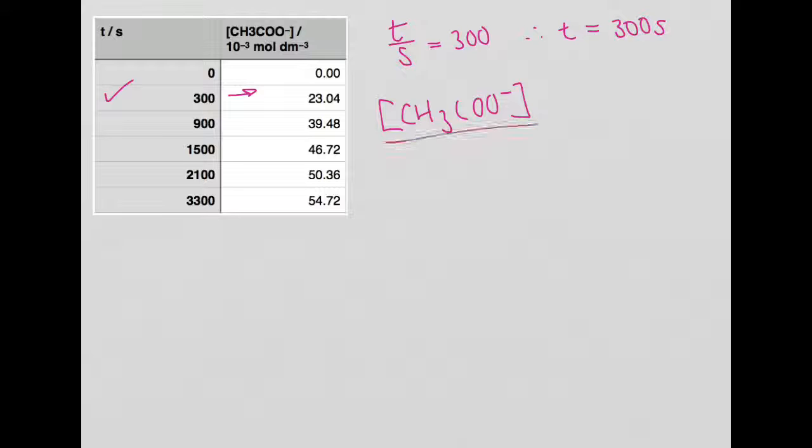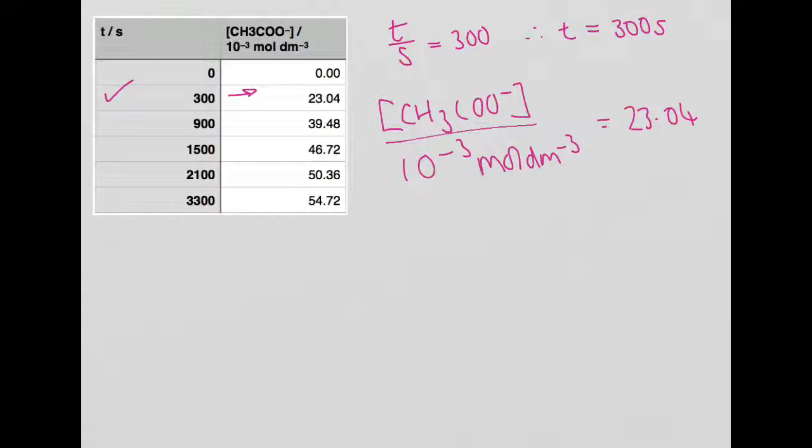If I pick this row here, I can see that when the time is 300 seconds, in other words t divided by s is equal to 300, and therefore t is equal to 300 seconds, the concentration of CH3COO minus, divided by 10 to the minus 3 moles per decimeter cubed, is equal to 23.04.